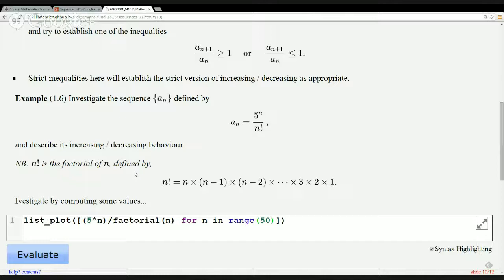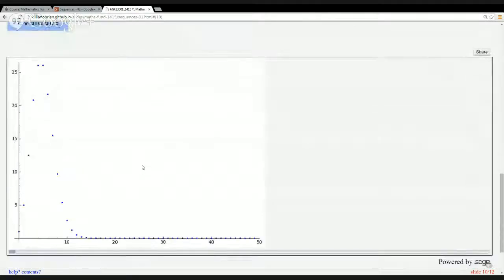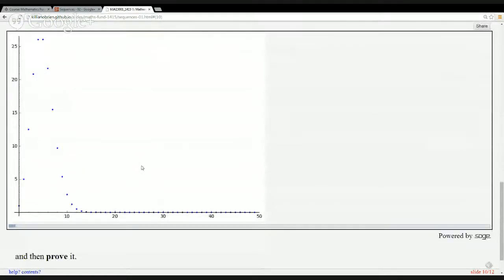But where this argument has something slightly more going for it than the numerical investigation that we did with the plotting of the first 50 points. The plotting of the first 50 points more or less told us what was going on, but it was ultimately only looking at the first 50 points.